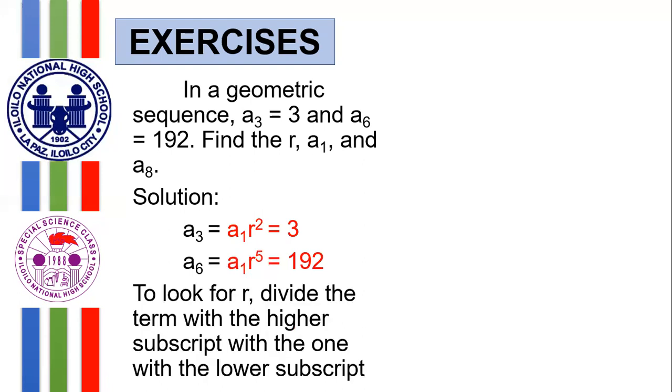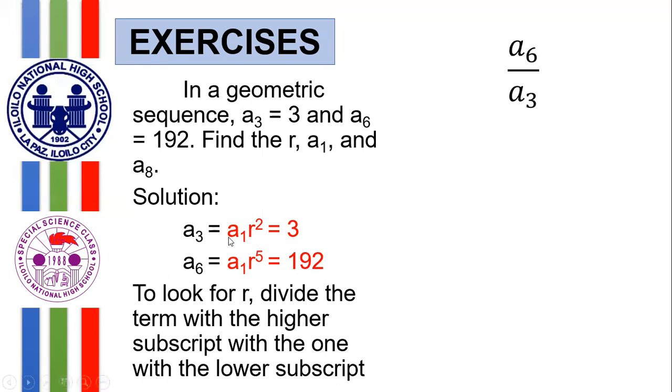To look for your common ratio, you have to divide the term with the higher subscript with the one with the lower subscript. So in this case, I will divide both sides of the sixth term and the third term. I will divide their corresponding sides.